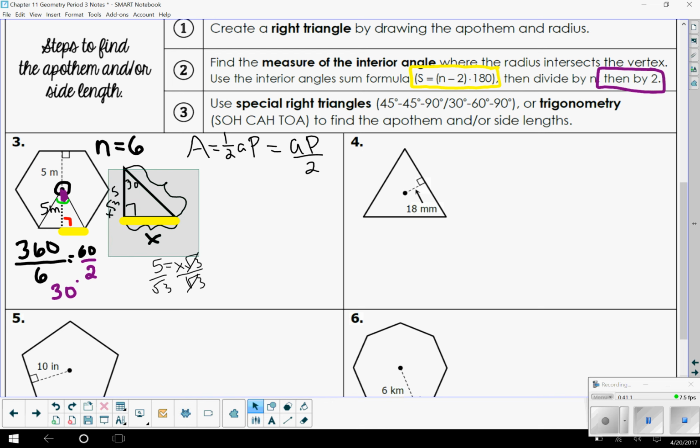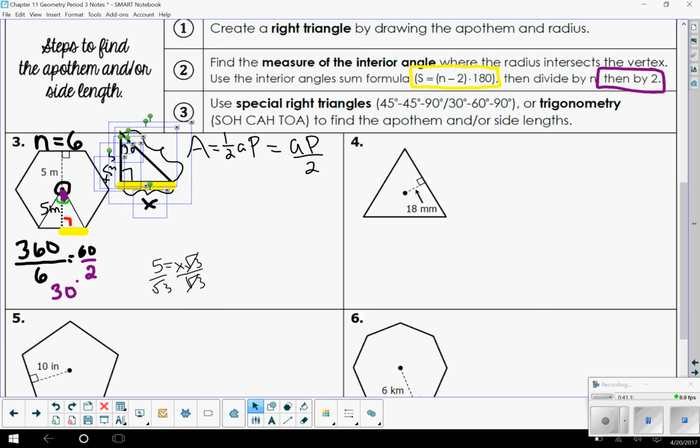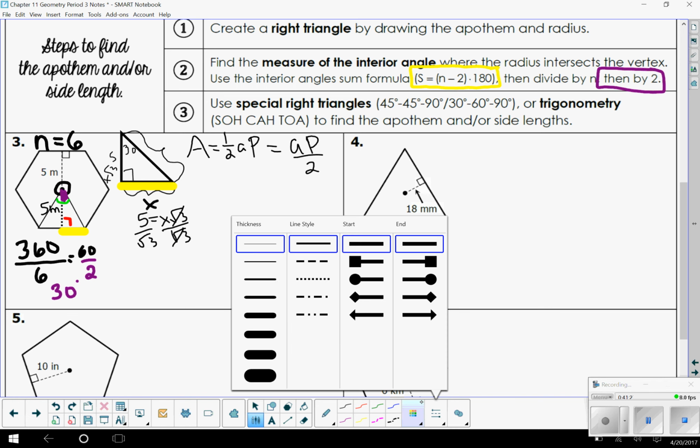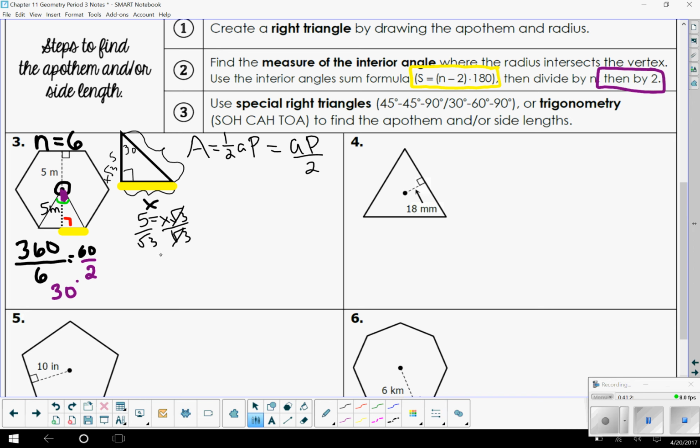So x equals 5 over the square root of 3. Remember, you can't have the square root down there.